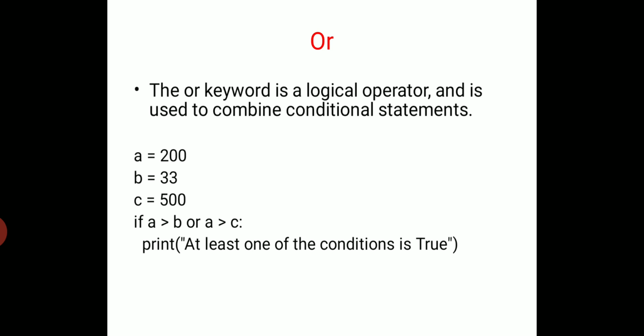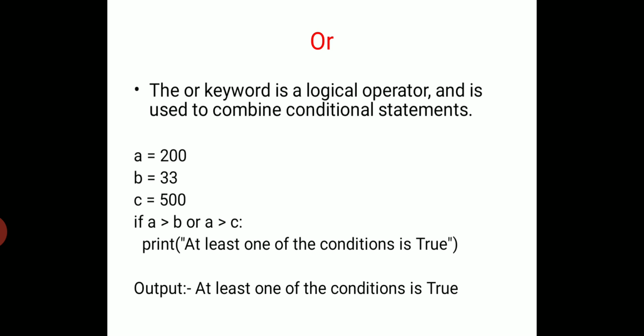So here a equals 200, b equals 33, c equals 500. If a is greater than b or a is greater than c, print at least one of the conditions is true. So what is the answer? At least one condition is true.